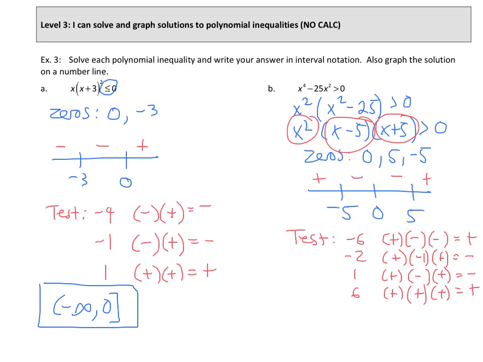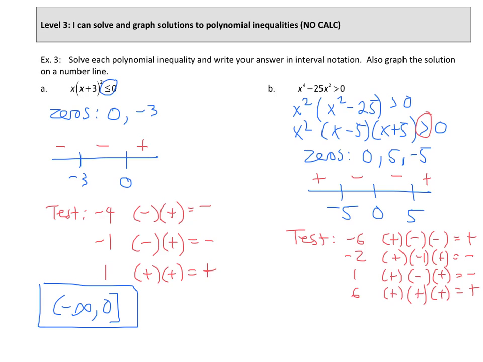Alright, now I go back to my inequality, and my inequality is a greater than symbol this time. So this time I want to know when this function is positive or greater than or equal to 0. And so I'm going to pick the places where I had plus signs.